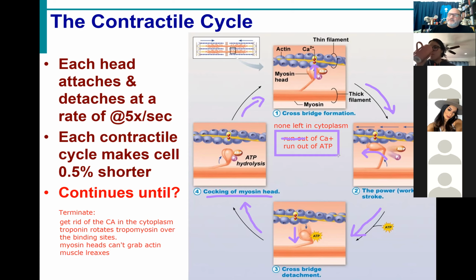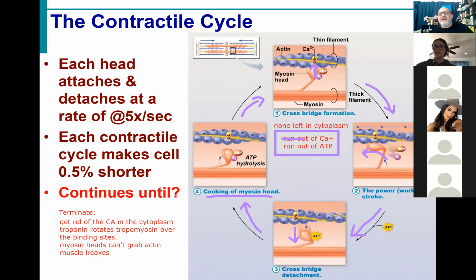When your body dies, it stops making ATP. So let's think about this. You stop making ATP, and as we know, ATP is being used to pump calcium out of the cell or back into the sarcoplasmic reticulum. But without any ATP, calcium can leak out of the sarcoplasmic reticulum. It can move our regulatory proteins.